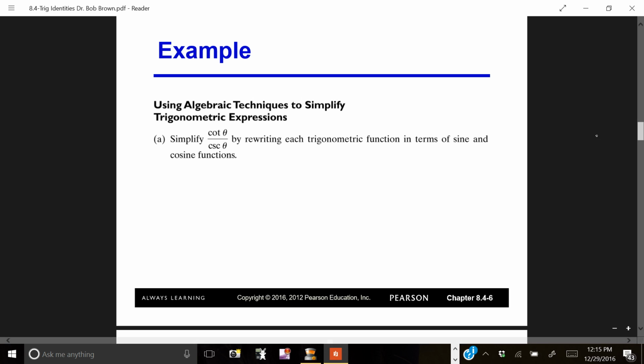So now, cotangent of theta divided by cosecant theta. Cotangent of theta is equal to cosine of theta over sine of theta. And cosecant of theta is 1 over sine of theta.